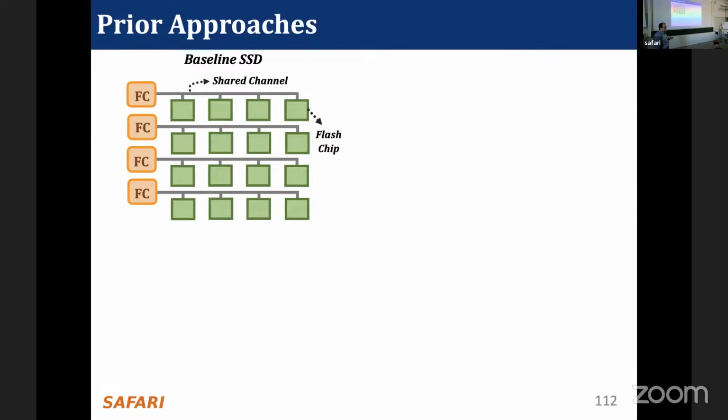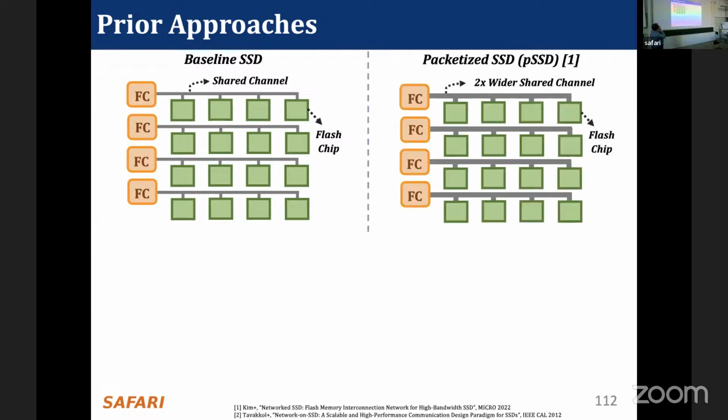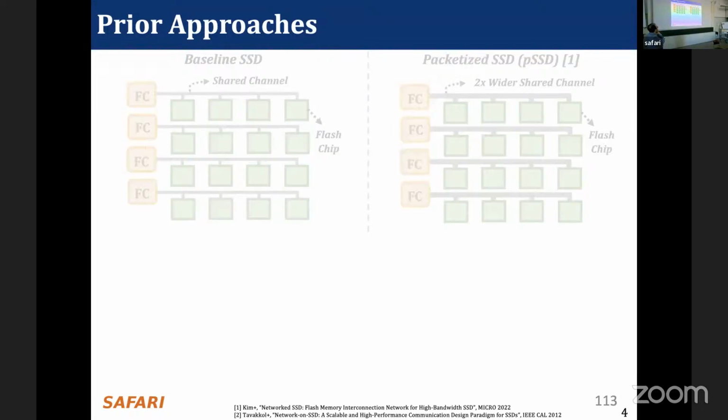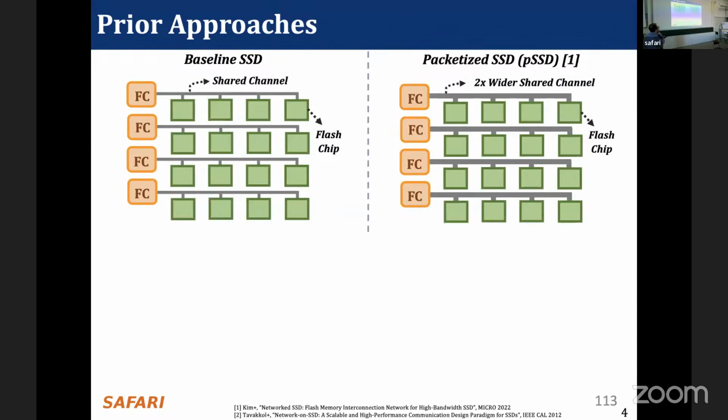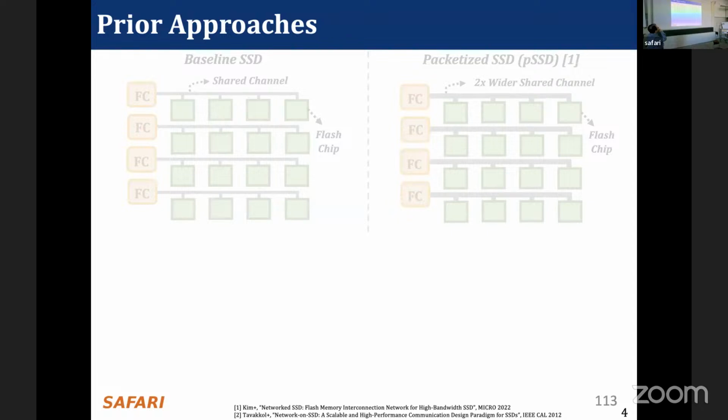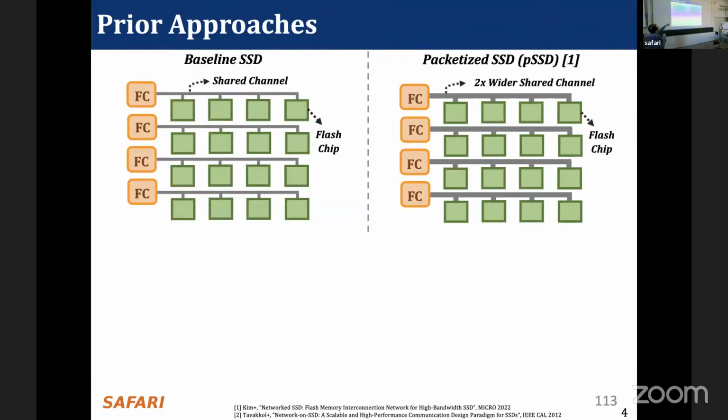There were some prior approaches. They haven't really been designed for this problem, but you can repurpose them for this problem. Basically there are these works, packetized SSD and network on SSD. So this is the baseline SSD that you know.